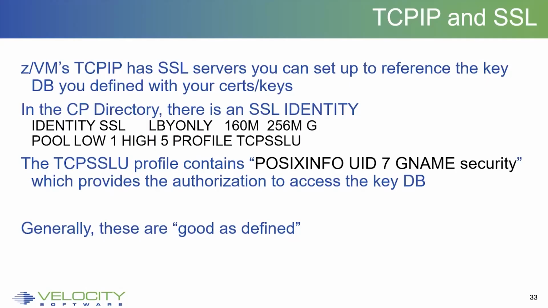And the group for those files is security. So if you see the alignment there, the authority is set for the security group, and the security group is defined for the SSL servers. Generally, you don't need to mess with these settings at all. You just take them as defined.